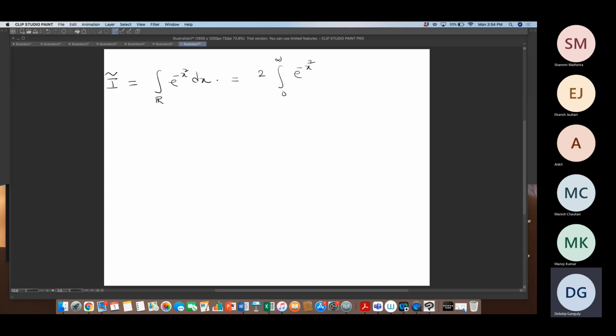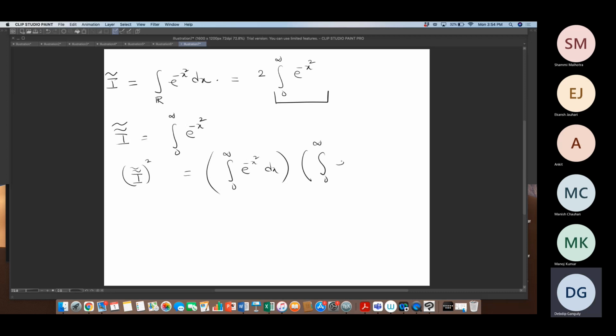This you know? Okay, now you write down I double tilde, the integral from 0 to infinity of e to the power minus x square. You know how to do this? What you will do? You write down I tilde times I tilde, e to the power minus x square, e to the power minus y square dx.